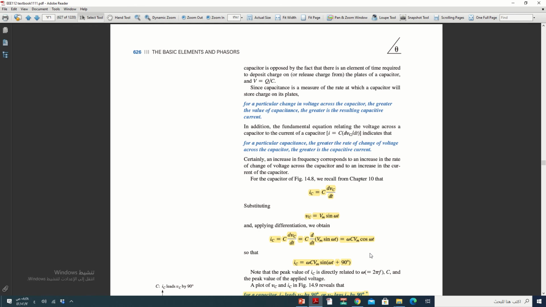Similar to the inductor, we have the formula IC equals capacitance multiplied by the derivative of the voltage. And we know that in this section, Vc equals Vm sine omega t.